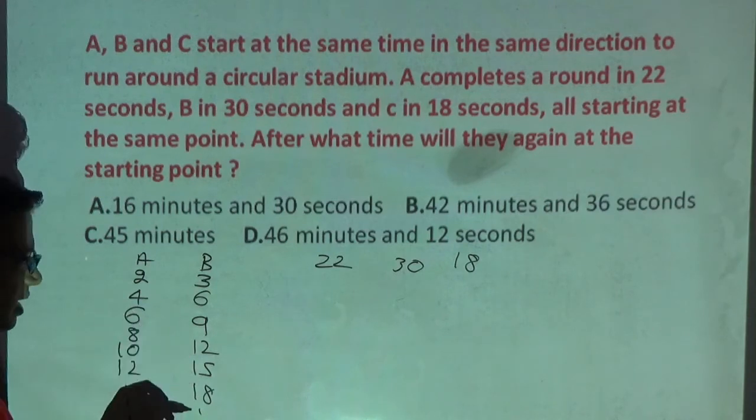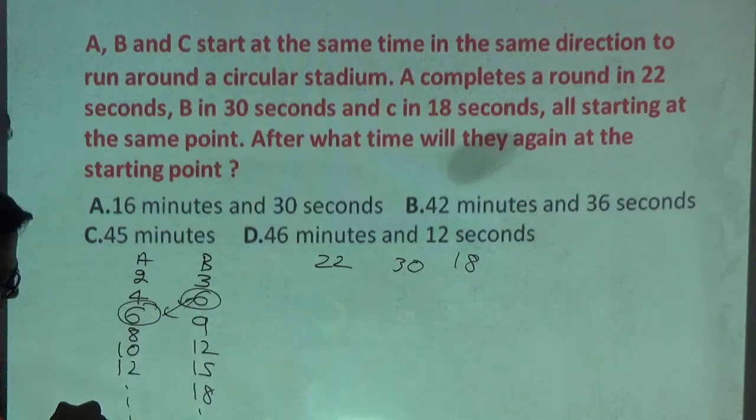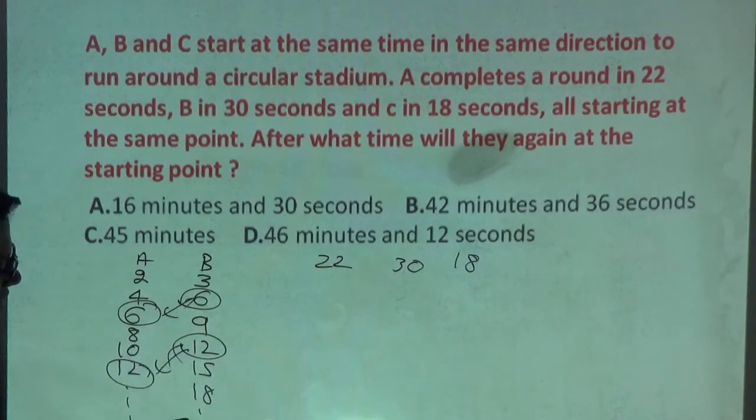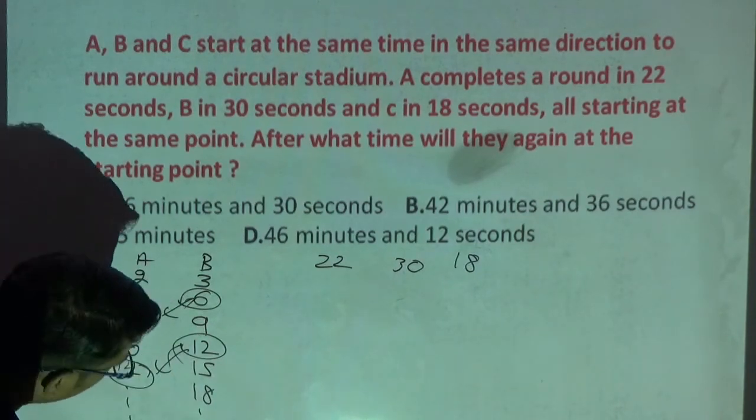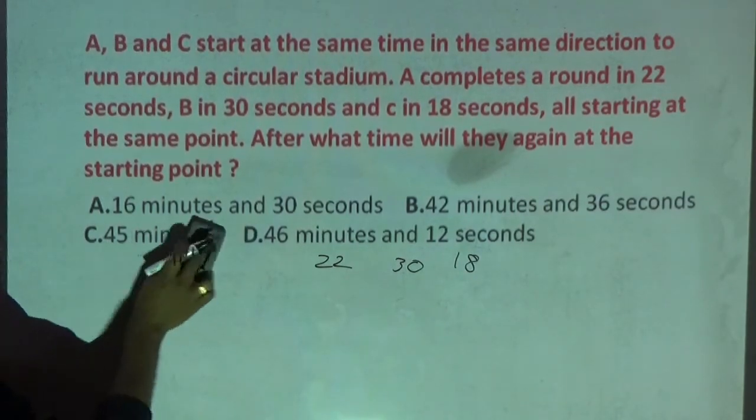See, again they meet at the starting point after 6 seconds, because the common multiple is 6. Again they meet after 12 seconds, and again at 18 seconds. That means I am finding the least common multiple to check when they are going to meet again, correct?